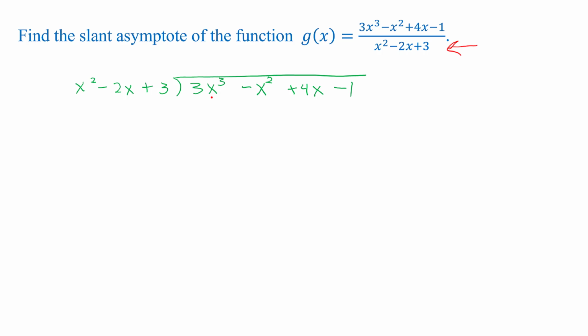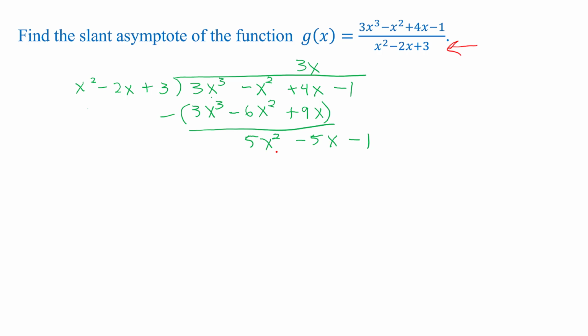So 3x cubed divided by x squared would give us 3x. 3x times x squared minus 2x plus 3 gives us 3x cubed minus 6x squared, and then plus 9x. We subtract to get 5x squared minus 5x, bring down the negative 1.